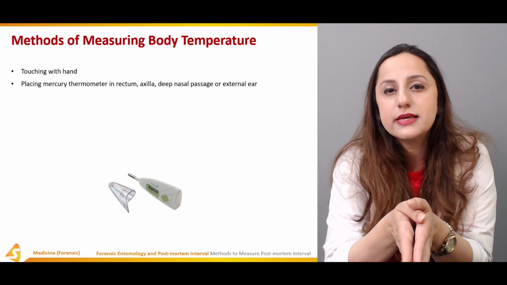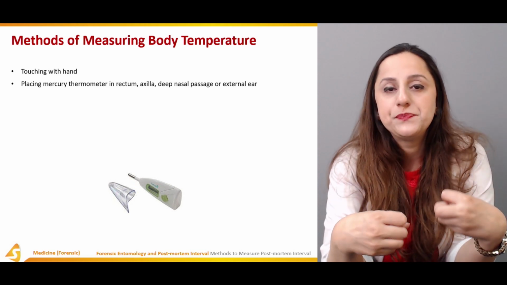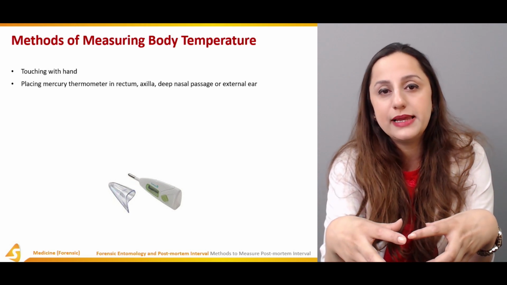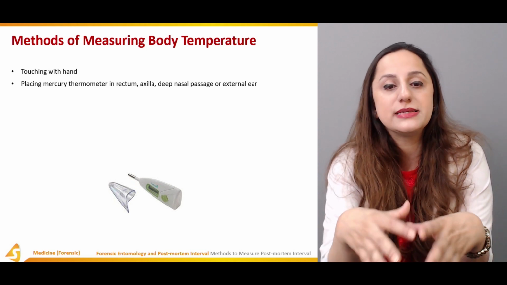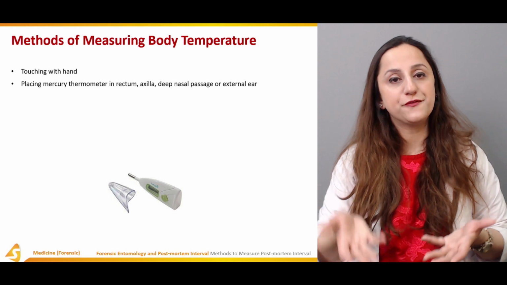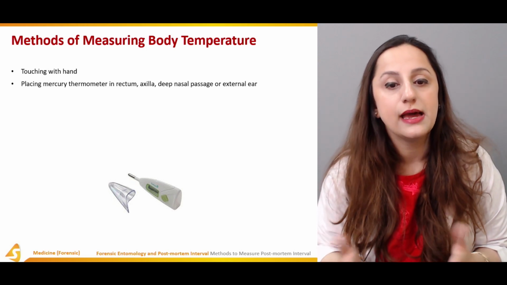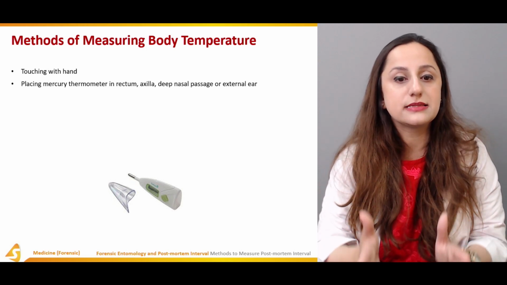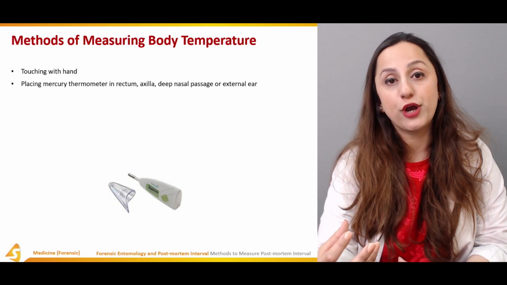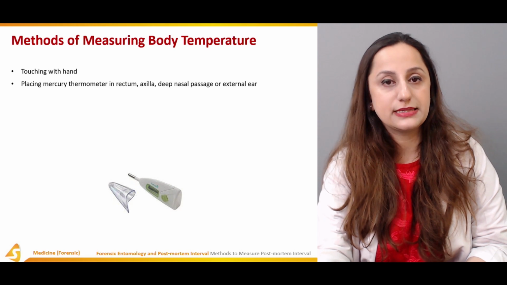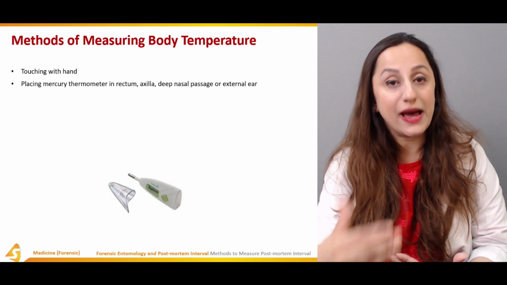If any sexual assault or homosexual activity has taken place, then you have to weigh the risk-benefit ratio of placing this thermometer in the rectum, because strong evidence will be spoiled if we place it there, as swabs have to be taken.